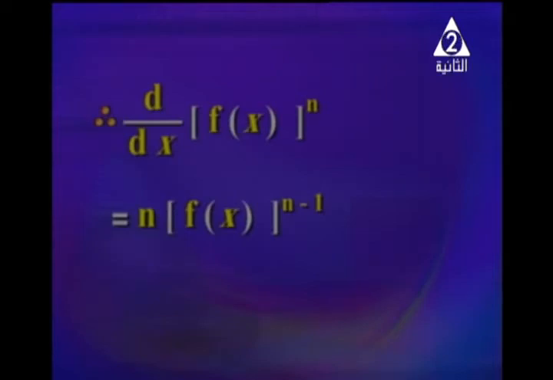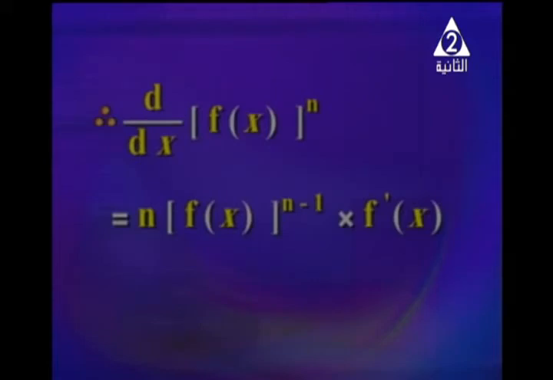Dear student, remember, if we have a function to the power n, what is the differentiation? We find n times f(x) to the power n minus 1, times the differentiation of the inside bracket, f'(x). For example, (2x+1)^3: the differentiation is 3 times the bracket to the power 2, and we find the differentiation inside the bracket.